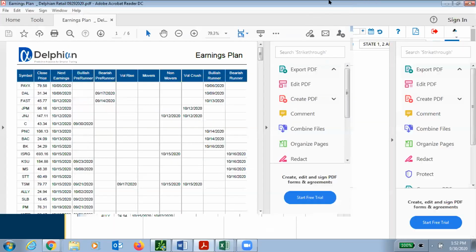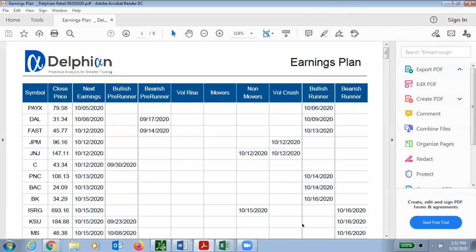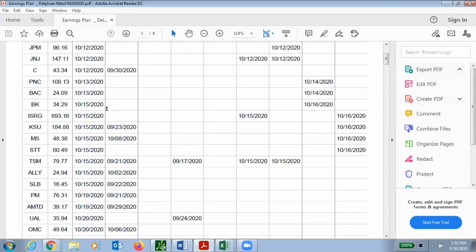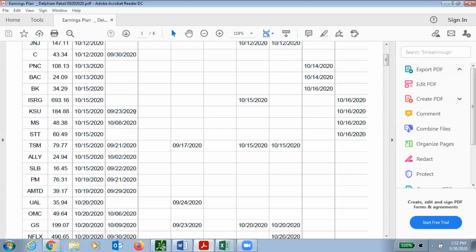I pulled in the earnings plan list and downloaded the PDF, and unfortunately we can't sort by some of these different fields, like the bullish pre-runner or bearish pre-runner fields, but we can sort by symbol now and maybe the earnings date. So what we're trying to do is take this file and export it over to an Excel file, and we might have talked about this previously, so that I can sort this bullish pre-runner list and find the list in a specific date order.